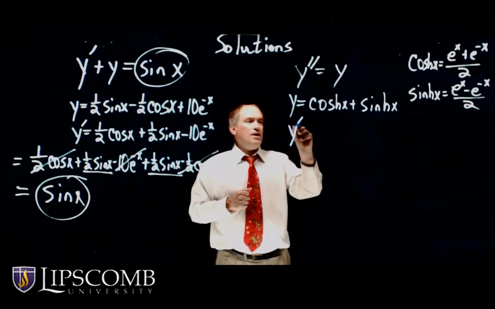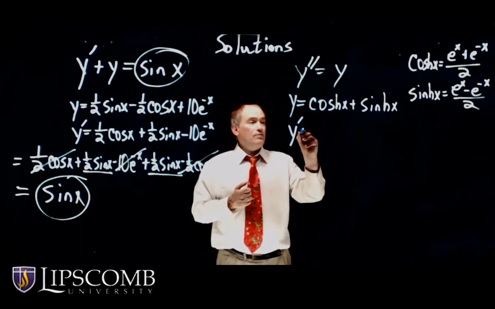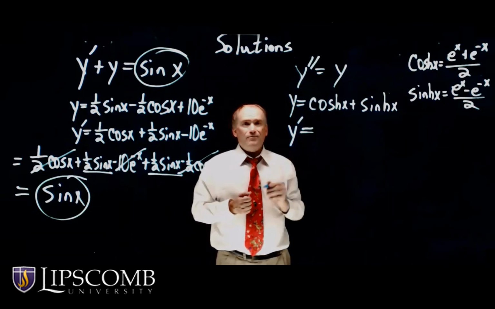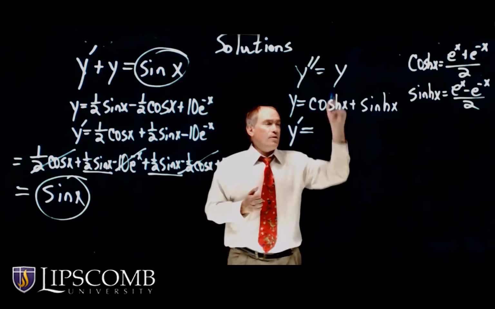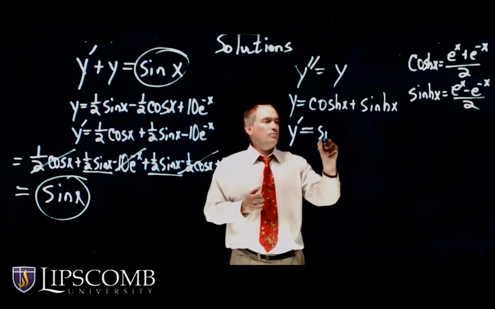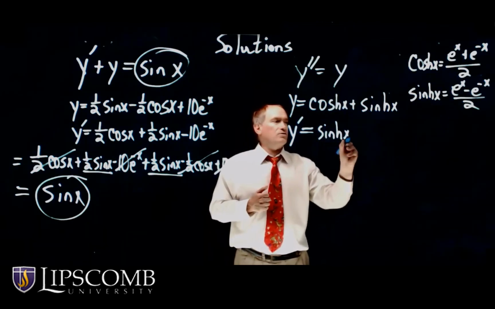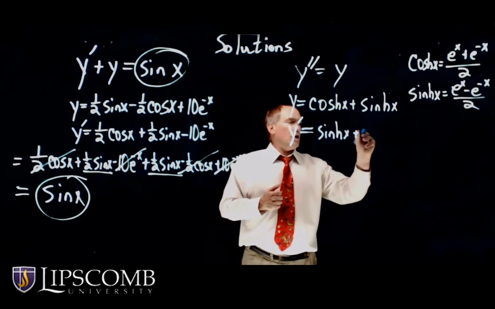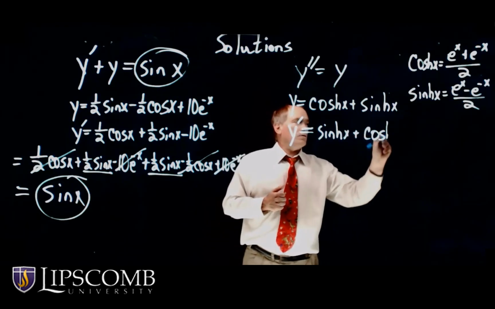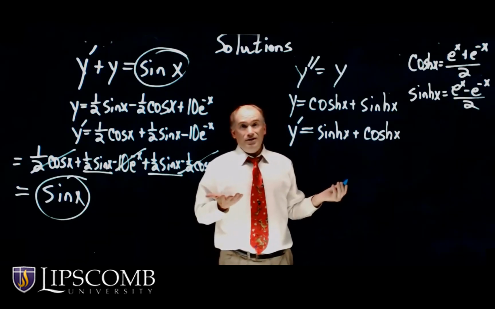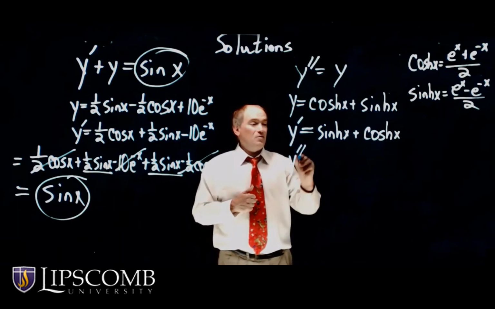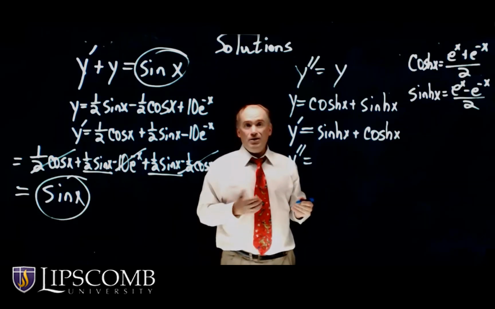So having that as a background, let's take a derivative. Now, I don't need the first derivative in the equation, but I've got to find the first derivative to find the second derivative. So the derivative of hyperbolic cosine of x plus hyperbolic sine of x would be hyperbolic sine of x plus hyperbolic cosine of x. Notice it didn't change, really. So that tells me what the second derivative is going to be also.